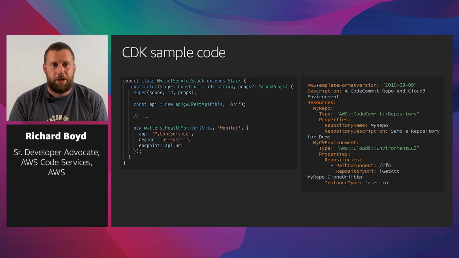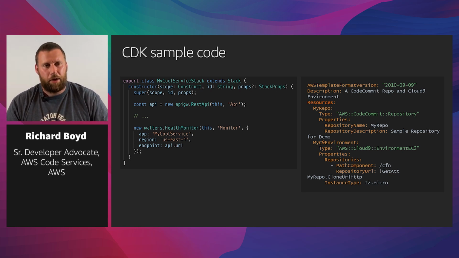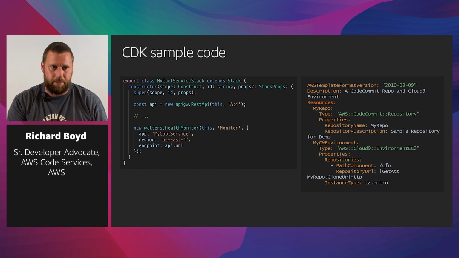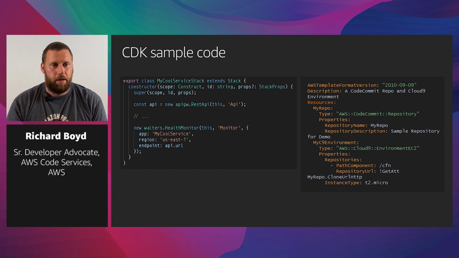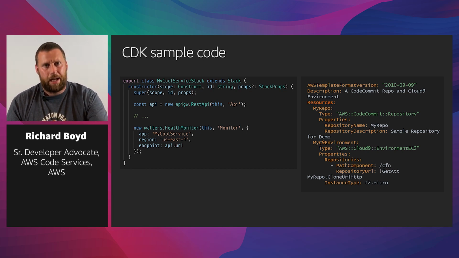And when you run this application, it will output CloudFormation that can then be deployed by the CloudFormation service on the other end. The CDK code on one side is the code that would generate the CloudFormation on the right. These are just two examples, but it's to demonstrate that you could take some CDK code, which is written in whatever your preferred language is.